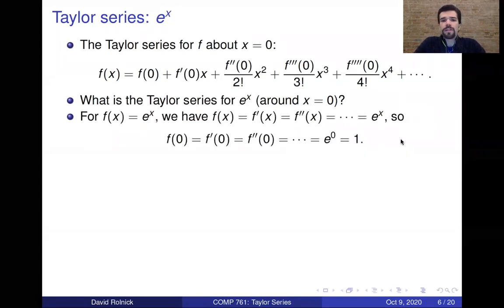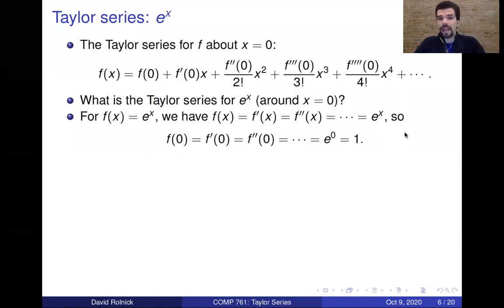And we can use the fact that the derivatives of e to the x are e to the x. However many derivatives you take, you just keep on getting e to the x back. So that means if you evaluate all of these at x equals 0, then you're just going to get e to the 0, which is 1.